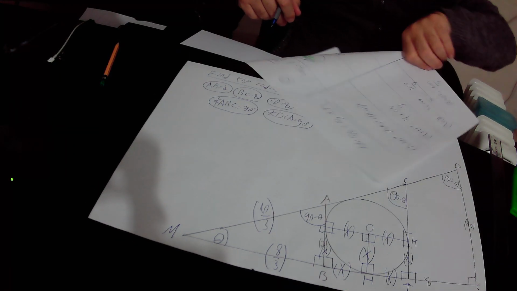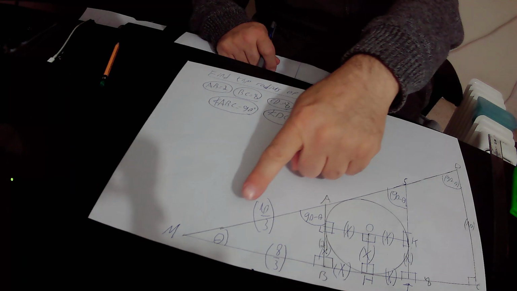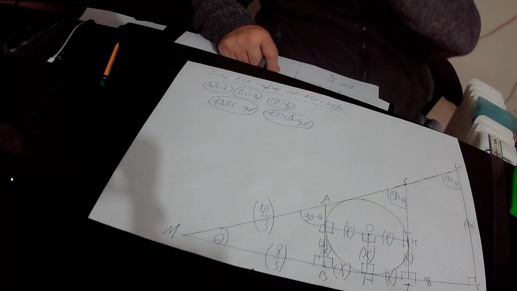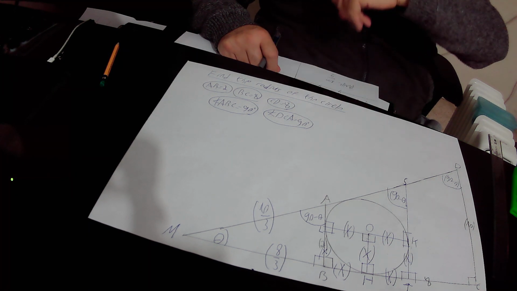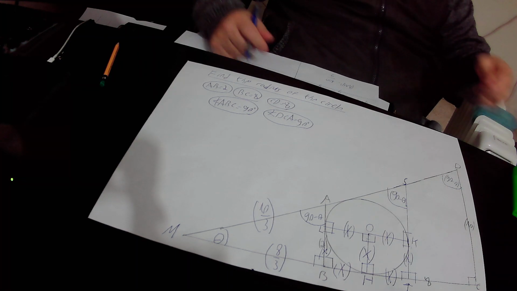In addition, this is angle theta. That is a common angle. It belongs to both triangles, so we can write down that angle theta equals itself.